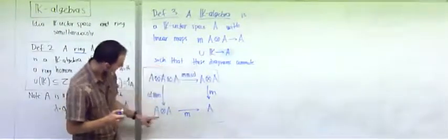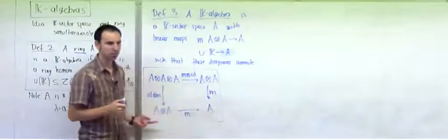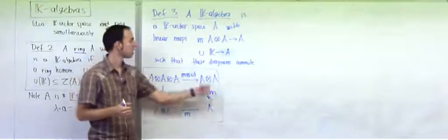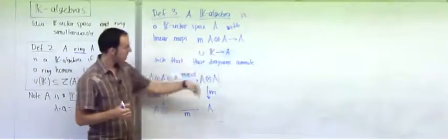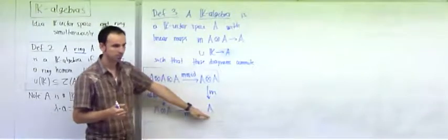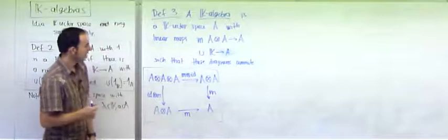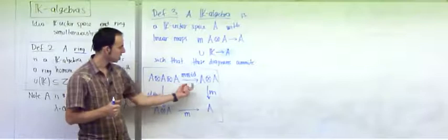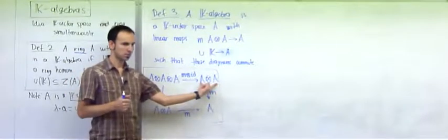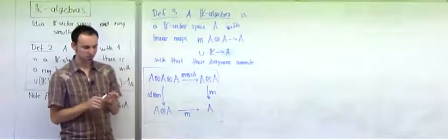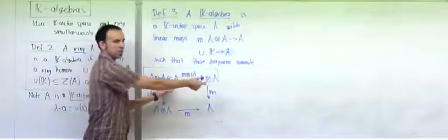For example, let's look at the bottom right here. What I'm saying here is that M is a linear map that goes from A tensor A to A. In other words, I'm talking about this linear map. And if you look here, I'm talking about the same linear map from A tensor A to A. Now, what am I talking about when I say from A tensor A to A tensor A? The map is M tensor identity. So I'm mapping something here to something here.